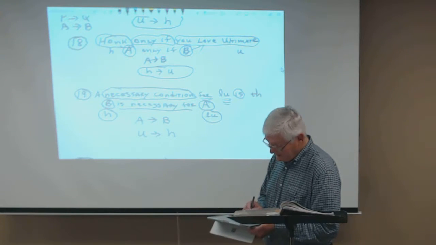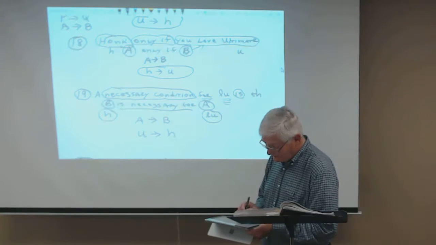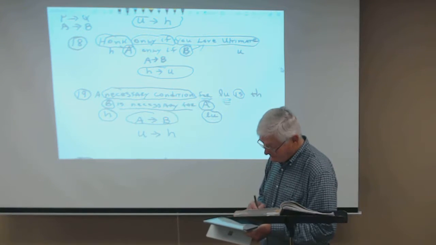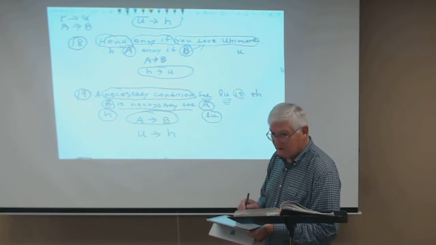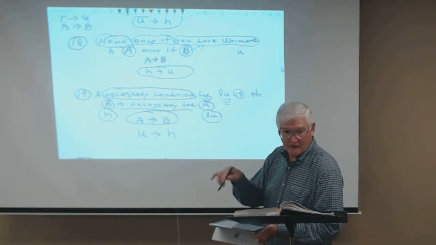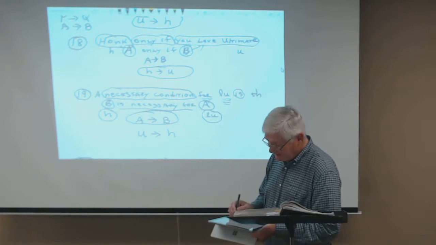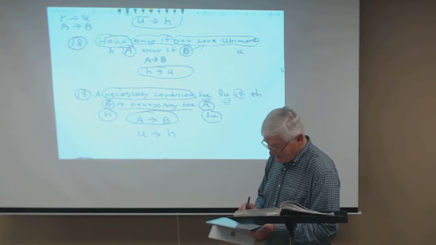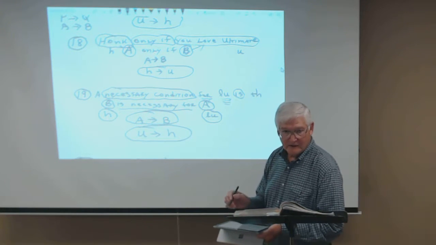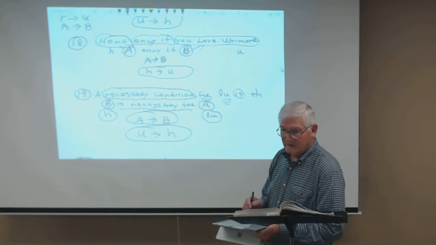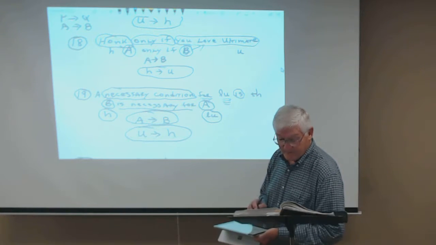So in my if-then phrase, A comes first and then B because of the chart. So if loving ultimate is A and honking is B, then my correct answer is if you love ultimate, then you honk. And that's the symbolic form.